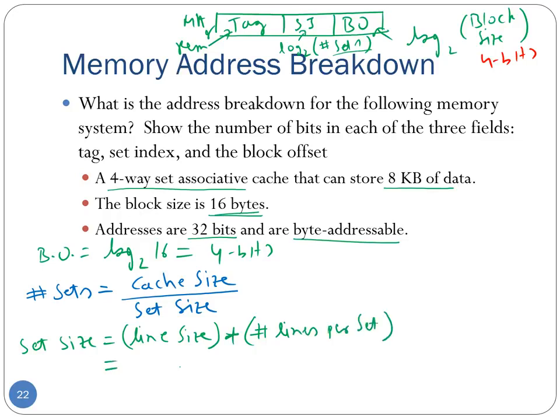Okay, so the block size is the same as the line size. So block size is 16 bytes, so the line size is also 16 bytes, and this is a 4-way set associative cache, right? So the number of lines per set would be 4.